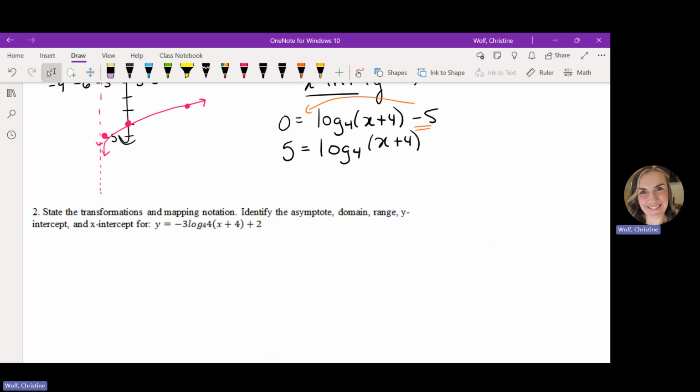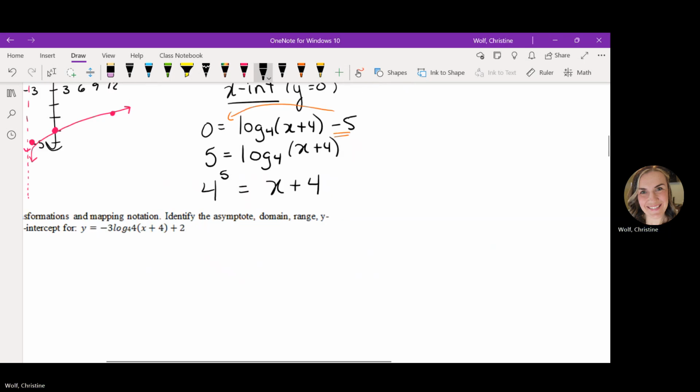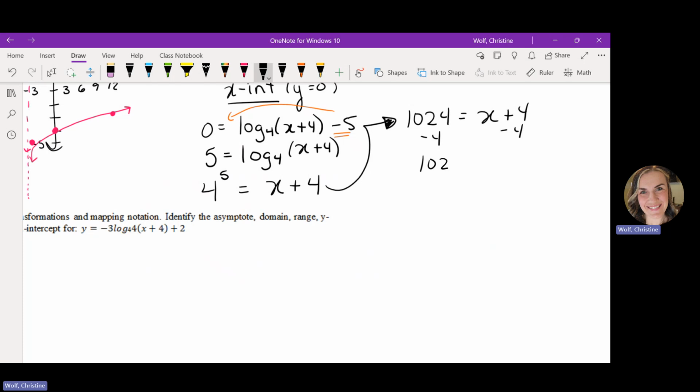If we convert this to exponential form, the base of my log is the base of my power. The answer, which is 5, is my exponent. And that should equal my argument, which is the x plus 4. All right. So I'm just going to keep solving here. 4 to the power of 5 is 1024. So that's my new left side. And then just minus 4, minus 4.